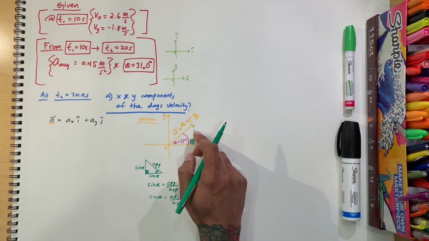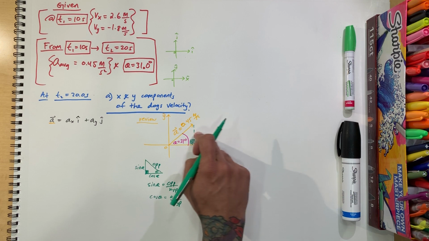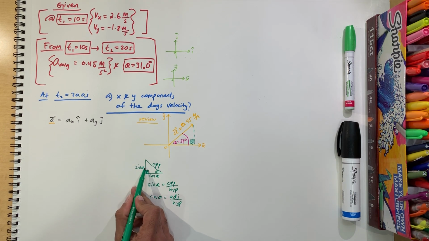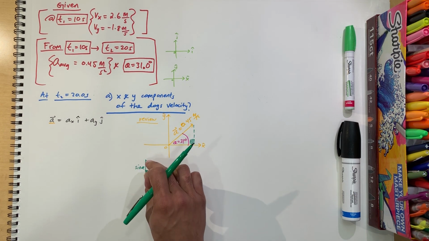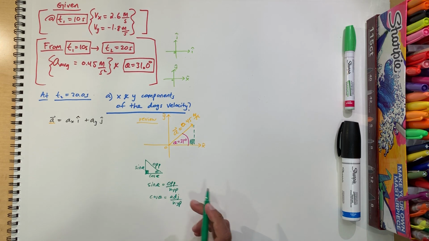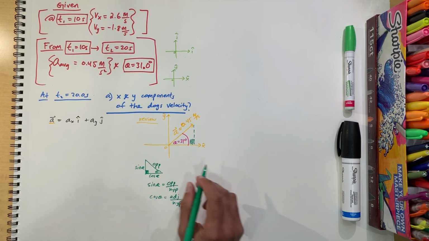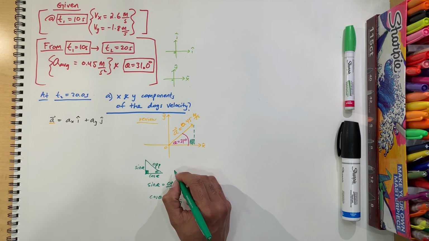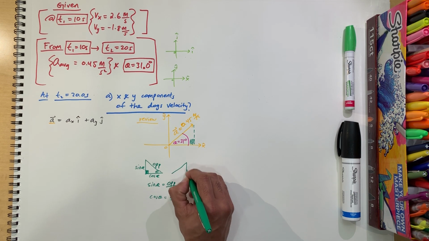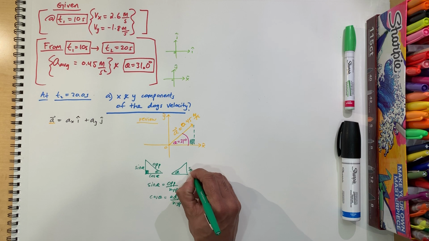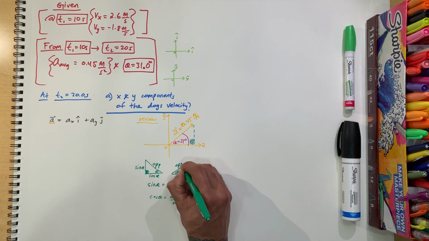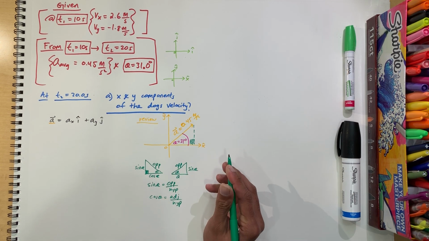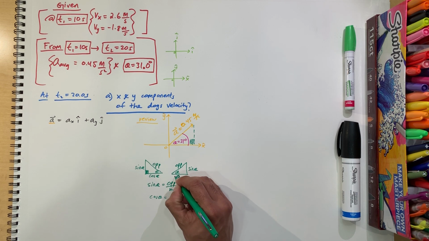We're interested in this side, and I want to label it. Maybe I should have drawn it the same way, so I'll just do this. Cosine.